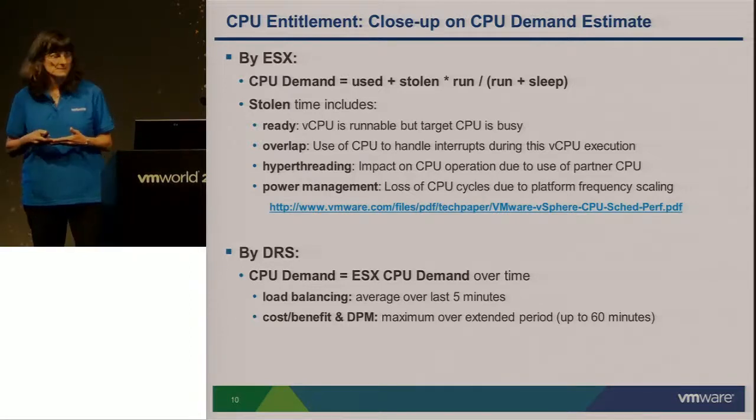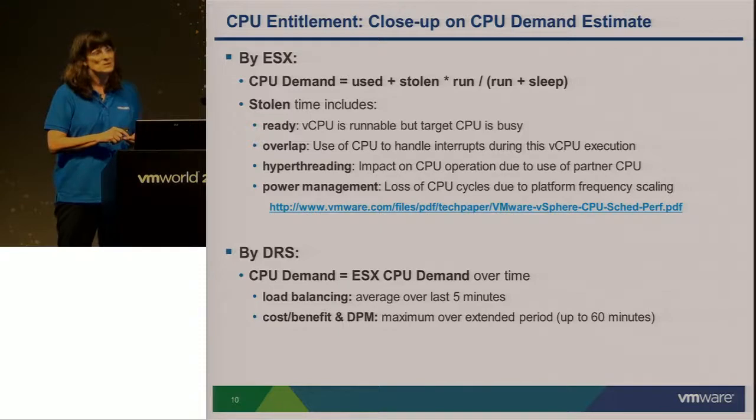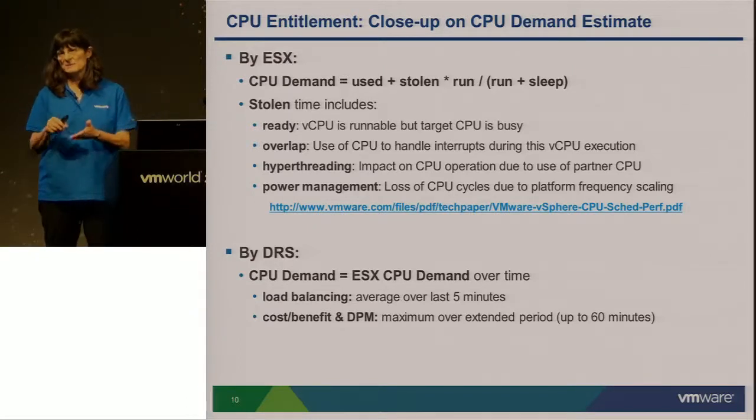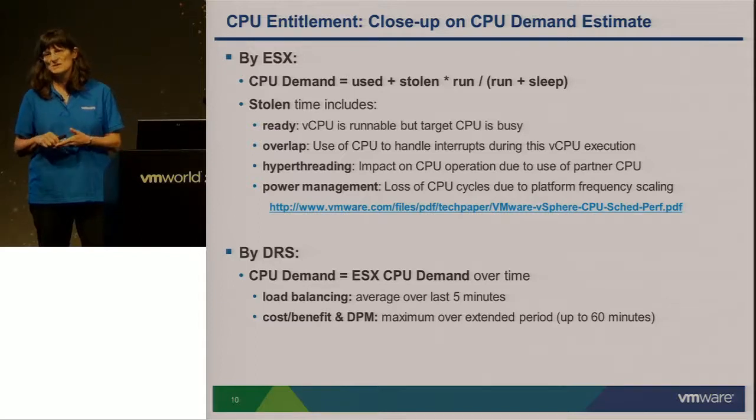So this VM got a little sidetracked and had time stolen from it to handle something on behalf of another VM. The third area in which you could consider CPU time being stolen from this VM is hyperthreading. In a hyperthreaded model, the CPUs share certain parts of the physical CPU real estate, so that if multiple threads are running in a hyperthreaded situation, there is more contention than if they were running without sharing.